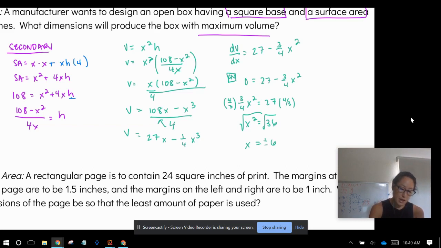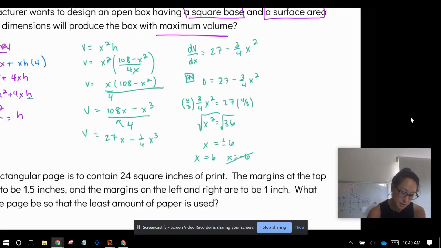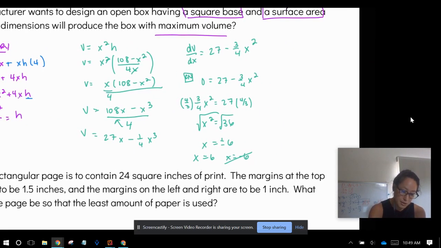We cannot have negative 6 since the dimensions of the box need to be greater than 0. See, our domain. So the base is 6, the other base is 6, and the height we will solve for.